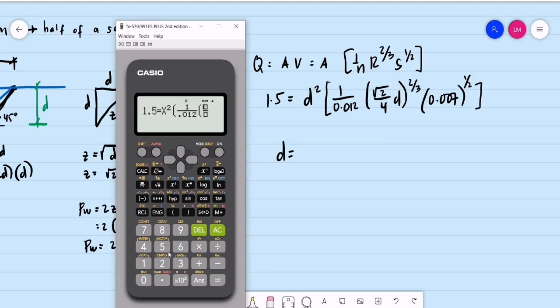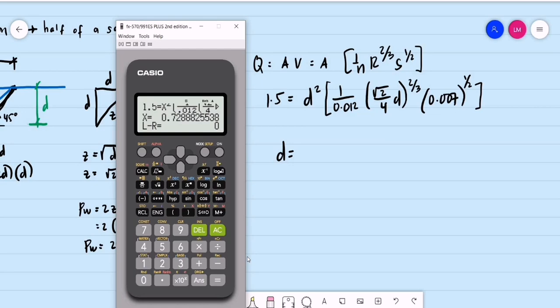Our hydraulic radius is the square root of 2 over 4, then multiplied by the depth. Let's say this is alpha x. And then this is raised to 2 over 3. Then multiplied by the hydraulic slope, we have 0.007, and this is raised to 0.5 or 1/2. Then shift solve.